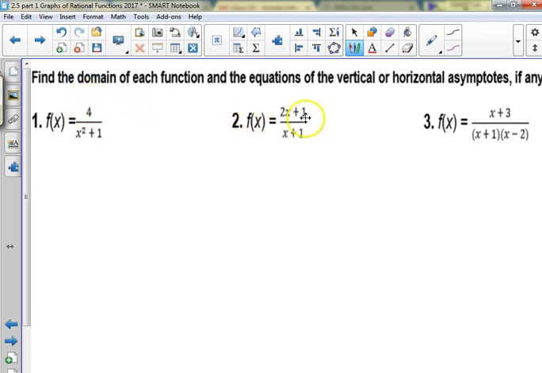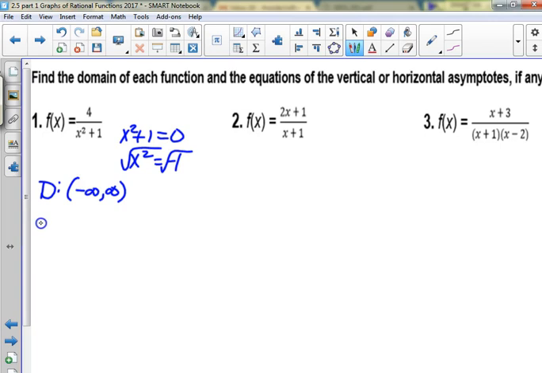But all right. Find the domain of each function and the equations of the asymptotes. So, any domain restrictions here? Can x squared plus 1 ever equal 0? We get x squared equals -1. Do we have any real answers to that? Nope. So domain is all real numbers for this one. So therefore, does it have any vertical asymptotes? Nope.